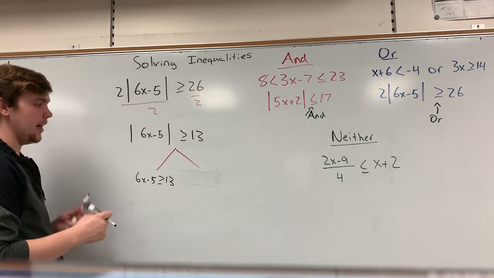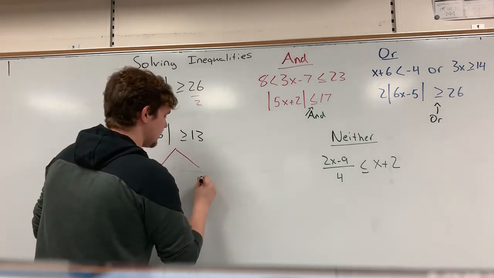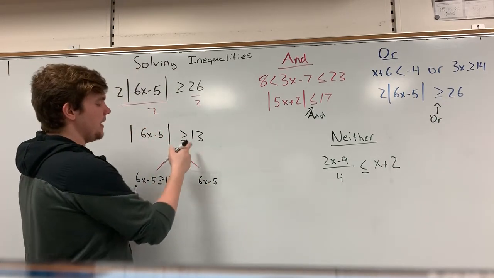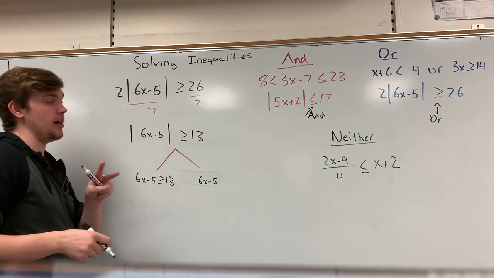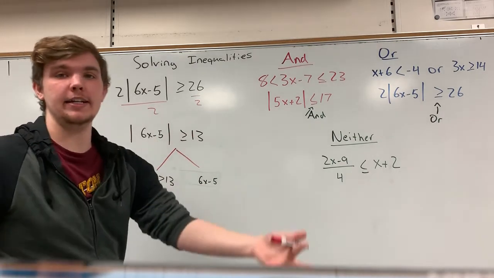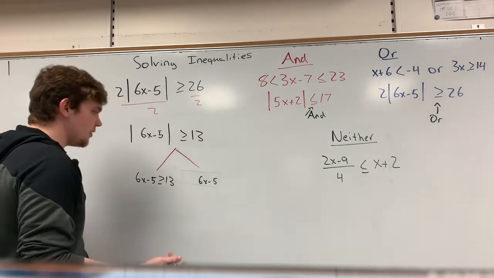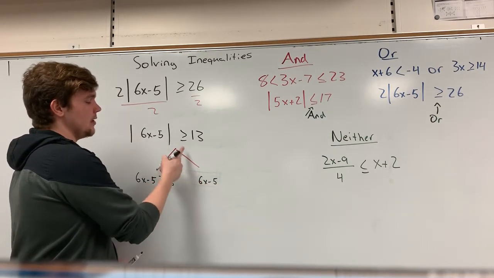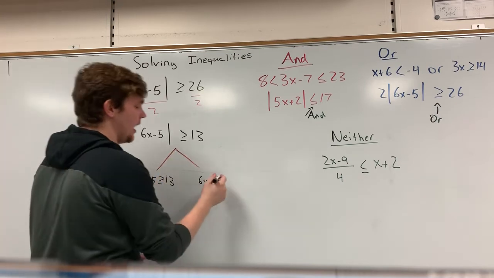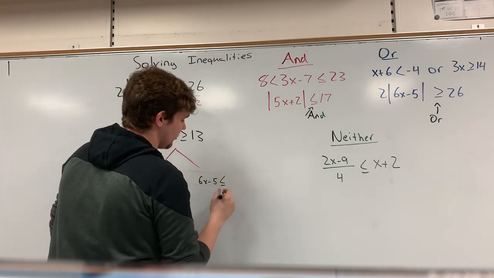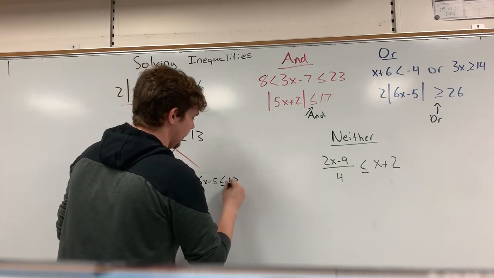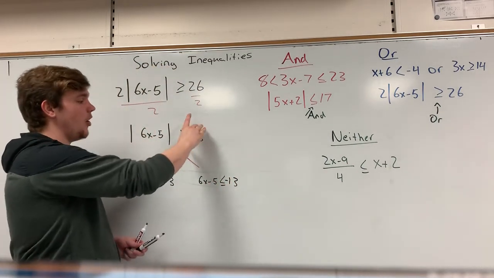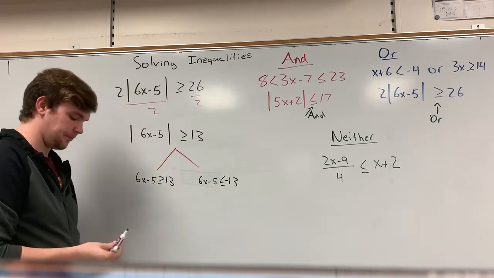And then the other one, because I'm splitting it into 2 different equations, it's kind of like when you divide by a negative with inequalities: I'm going to flip this sign. So instead of greater than, I'm going to have less than or equal to negative 13. I make this negative, and also I flip this sign.